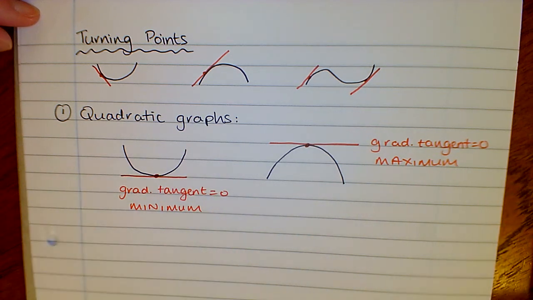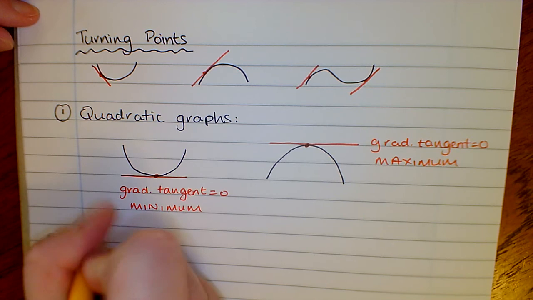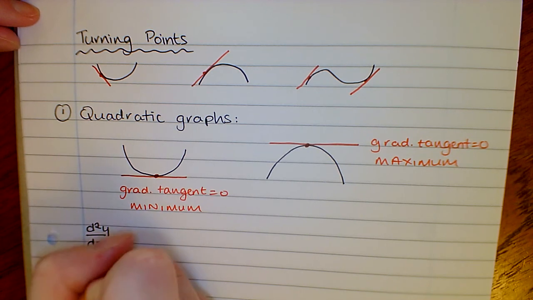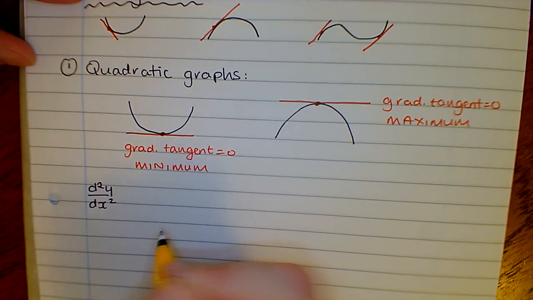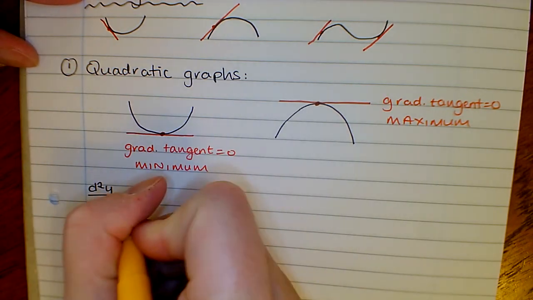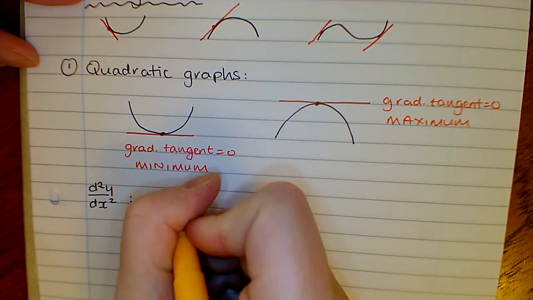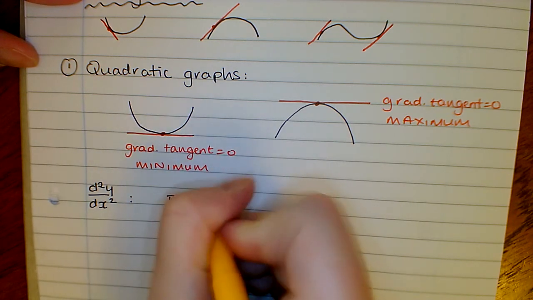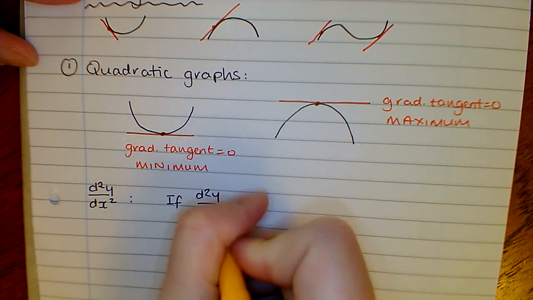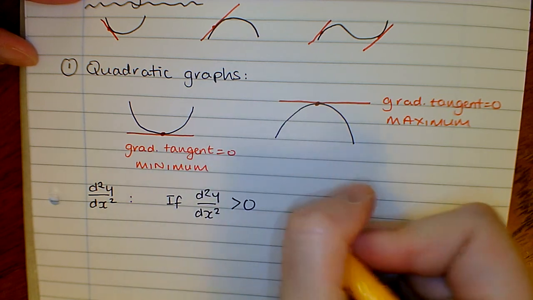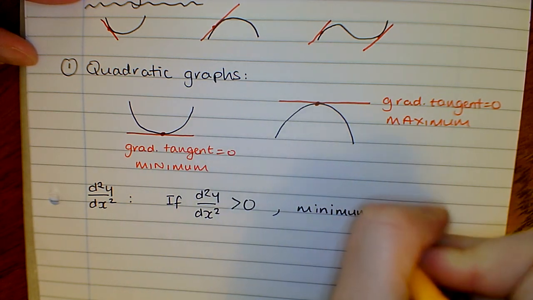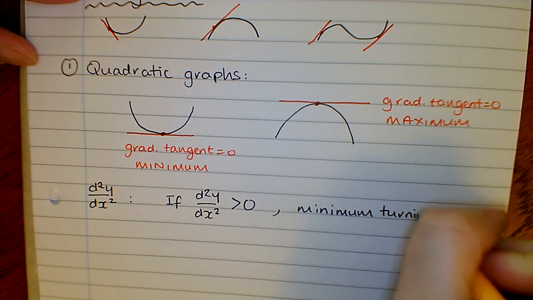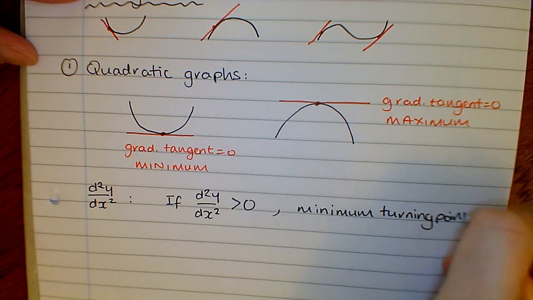Now there's an extra wee thing to know about here, which is our second differential. We did this back in chapter 6, but now when it comes to turning points, if d2y by dx squared is greater than 0, we have a minimum turning point.